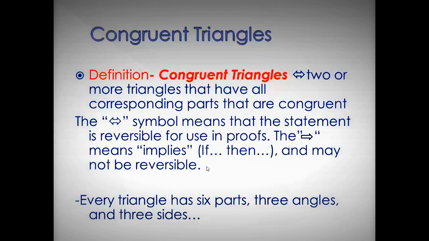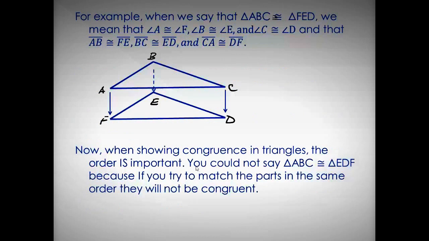So for congruent triangles, every triangle has 6 parts, 3 angles and 3 sides.